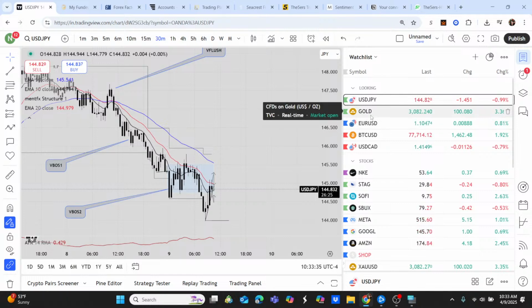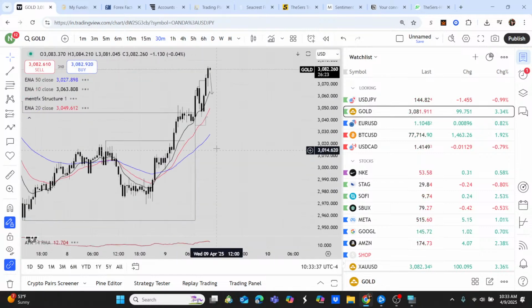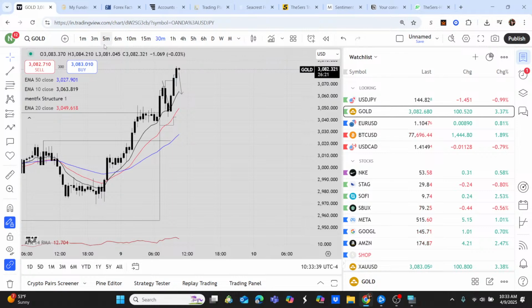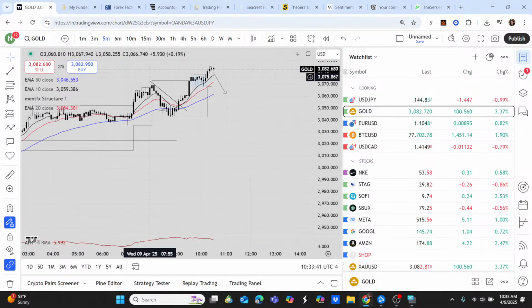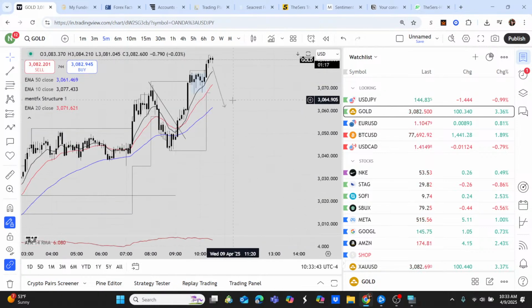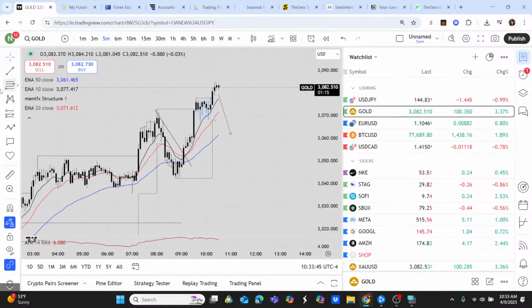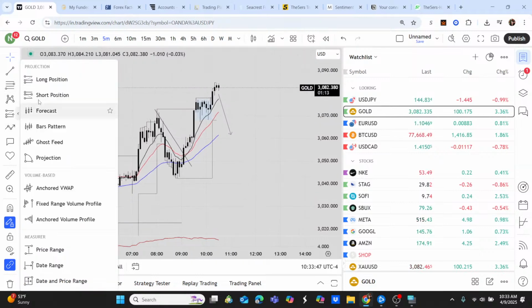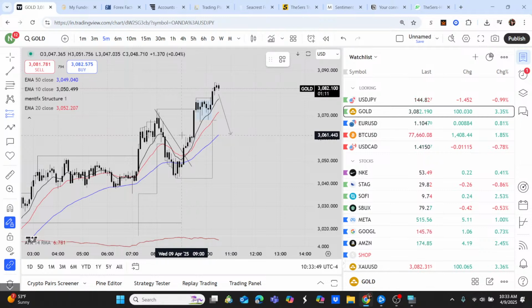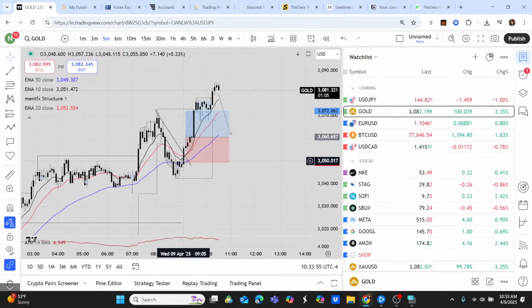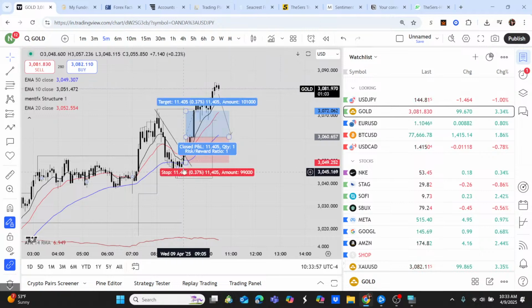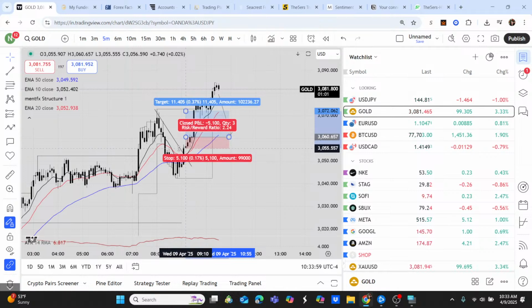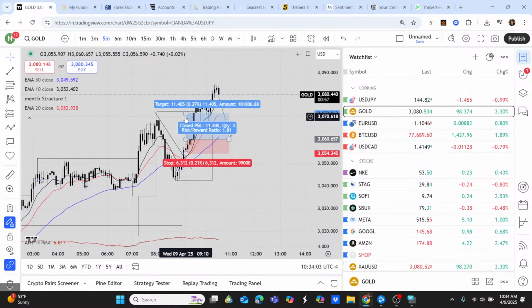If I was to do an example, what do I mean by you don't need to win a lot? Let's just say this setup happened up here. This type of setup happened up here, that impulse pause. This is the same setup. Stops would be somewhere right here.